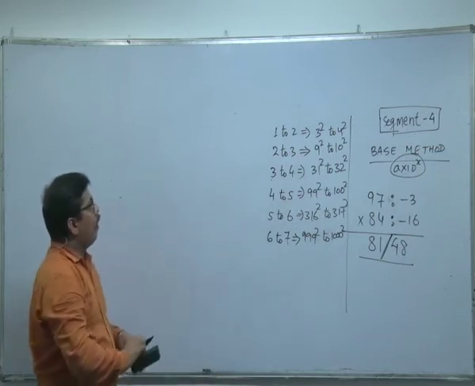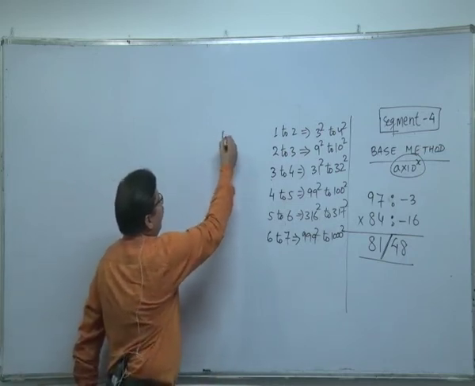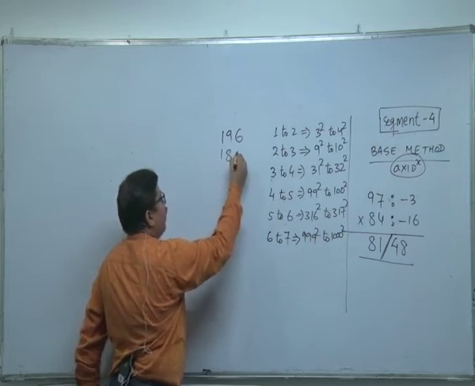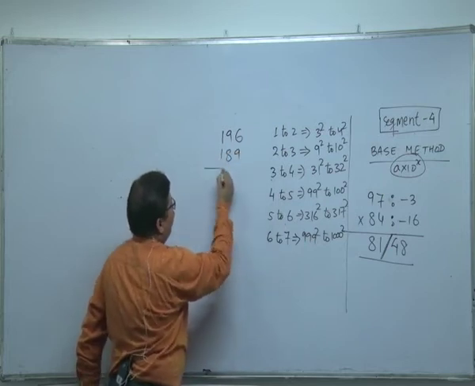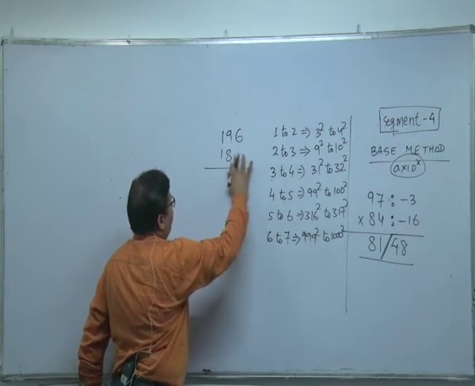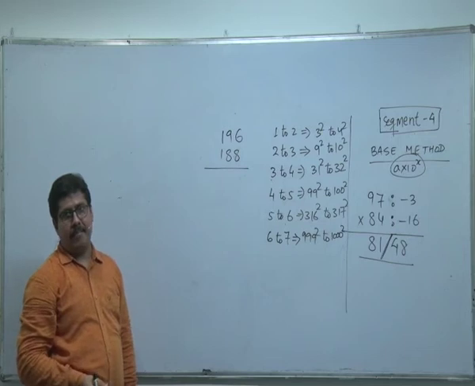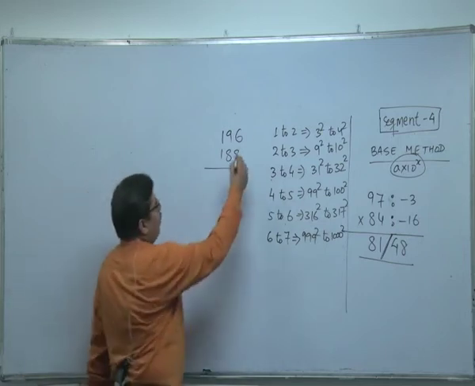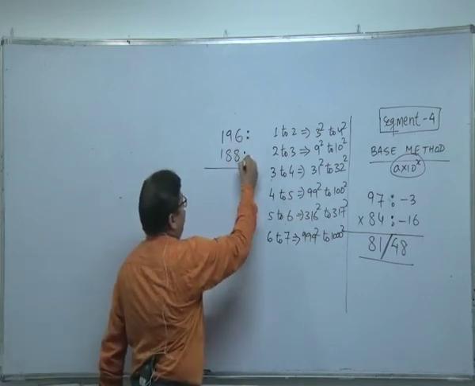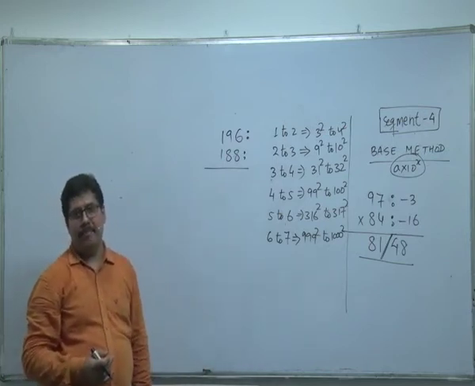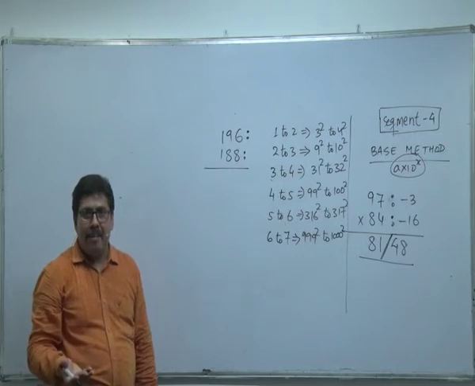Suppose my numbers are 196 and 188. Both of these numbers are near about 200.